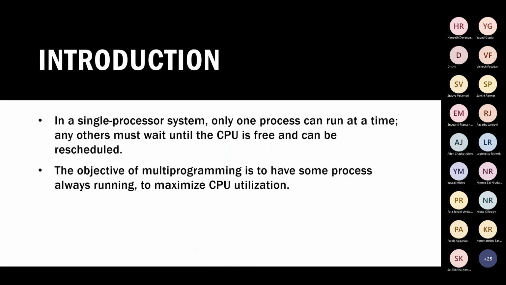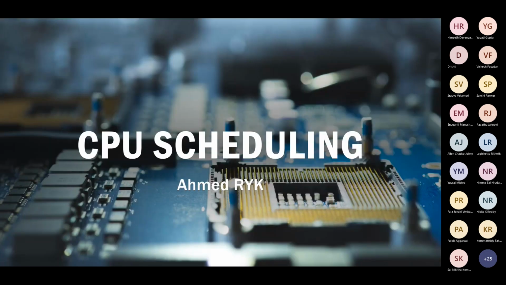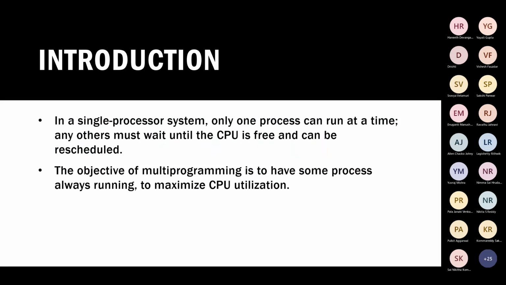So today I will be giving a basic introduction to CPU scheduling. First of all, usually in single processor systems, only one process can run at a time. Any others must wait until the CPU is free and can be rescheduled.